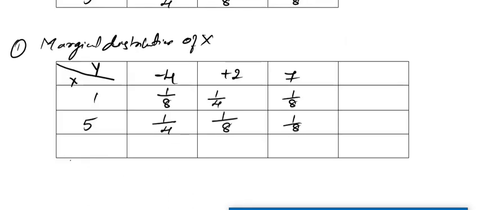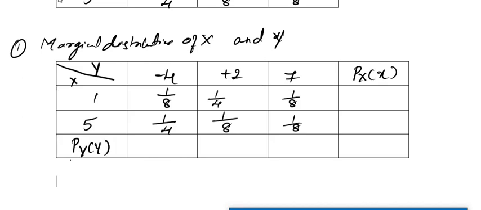You can see I have copied the same question with one extra row and one extra column included here. Here I'll be showing both the marginal distribution of X as well as Y. P of X will be taken here and P of Y will be considered here.